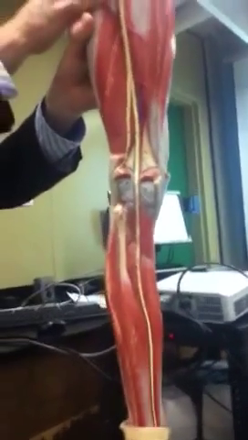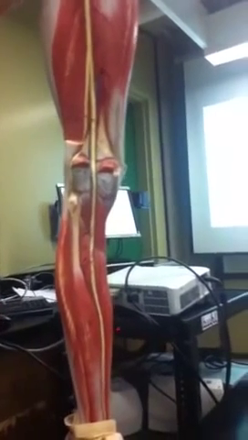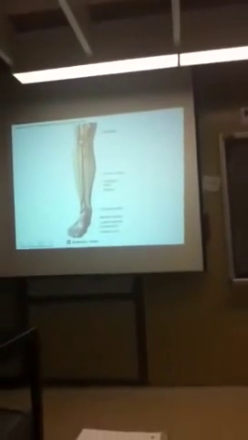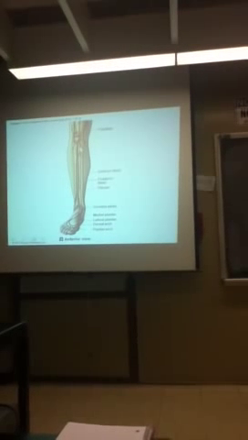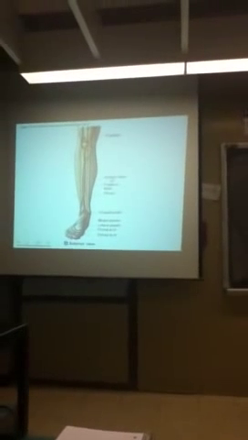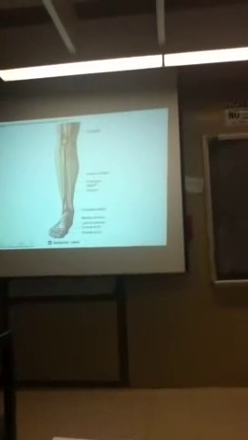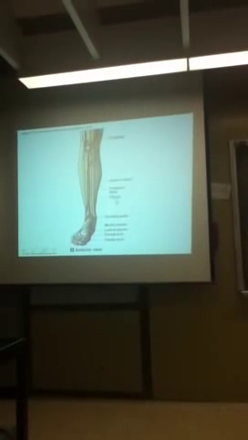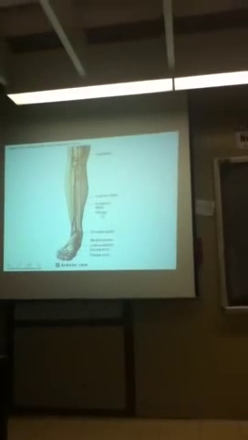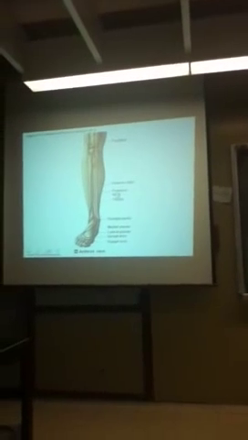So here we are. We're right about here. We've come off of the femoral, down the popliteal, and the branches that we're talking about are these 3 guys here. Anterior tibial, posterior tibial, and the fibula. All right? Now, the easiest one is the posterior tibial.